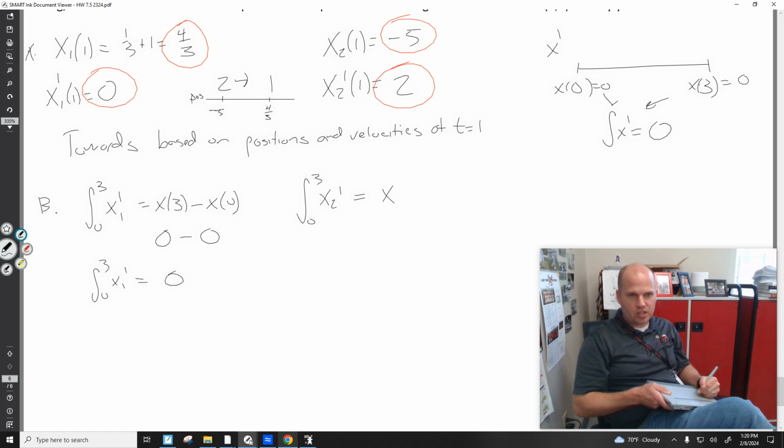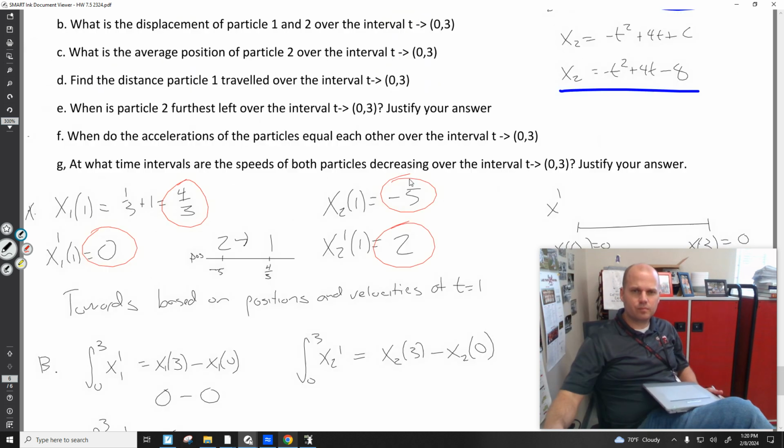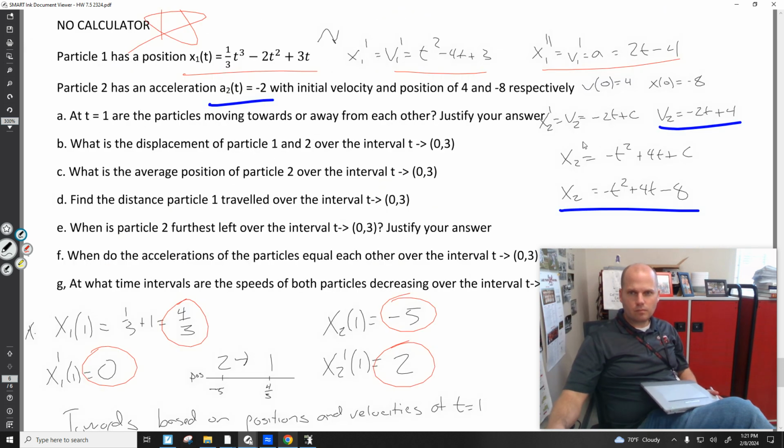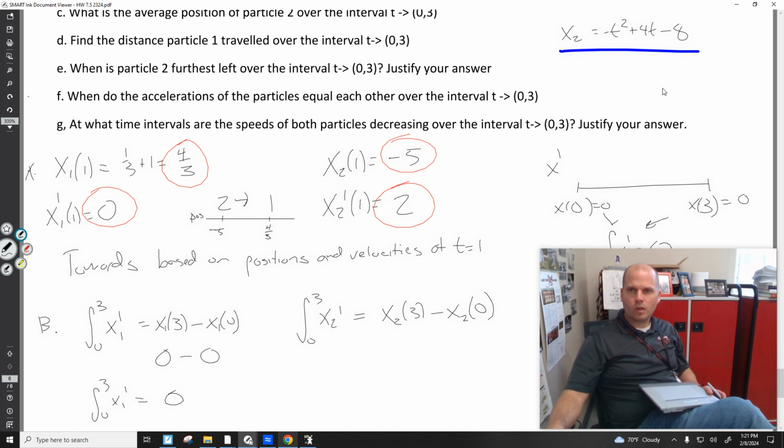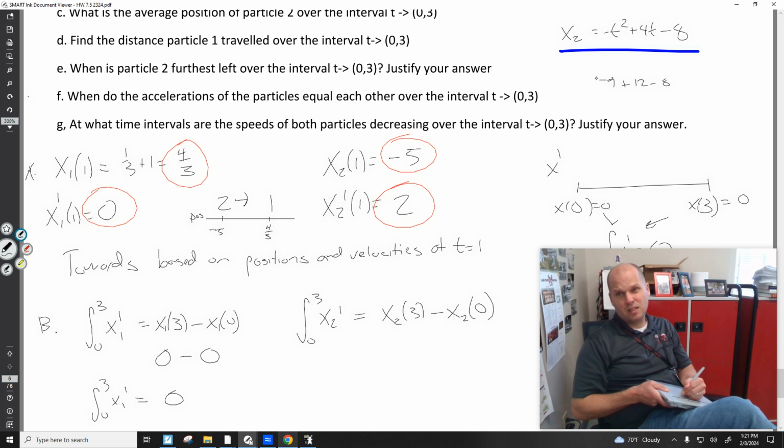Let's find the position of particle 2 at 3 and the position of particle 2 at 0. Position of particle 2 at 3 is negative 9 plus 12 minus 8, which is negative 5.